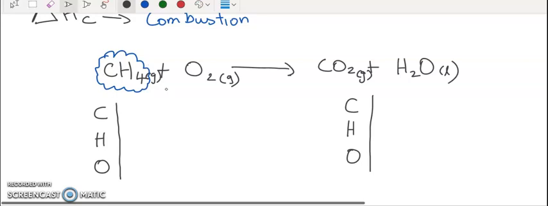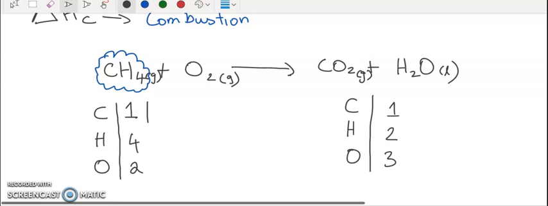So let's count the number of carbons on this side. It has 1. So I'm going to write down 1 here. There are 4 hydrogens on this side. So I'm going to write 4. And there are 2 oxygens on this side. So I'm going to write 2. On this side, we have 1 carbon. We have 2 hydrogens. And we've got 2 plus 1, which is 3.